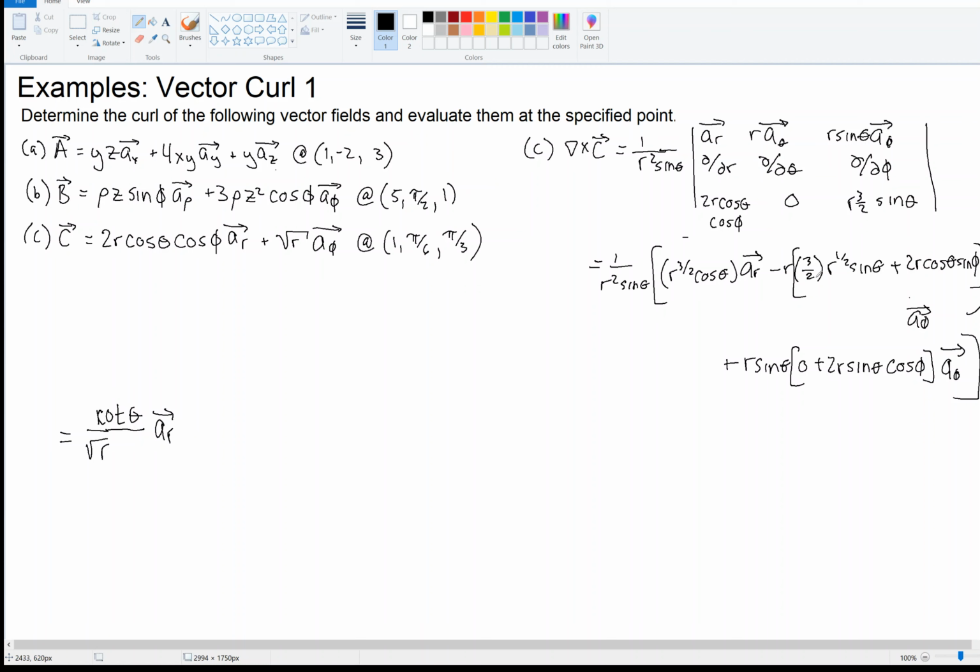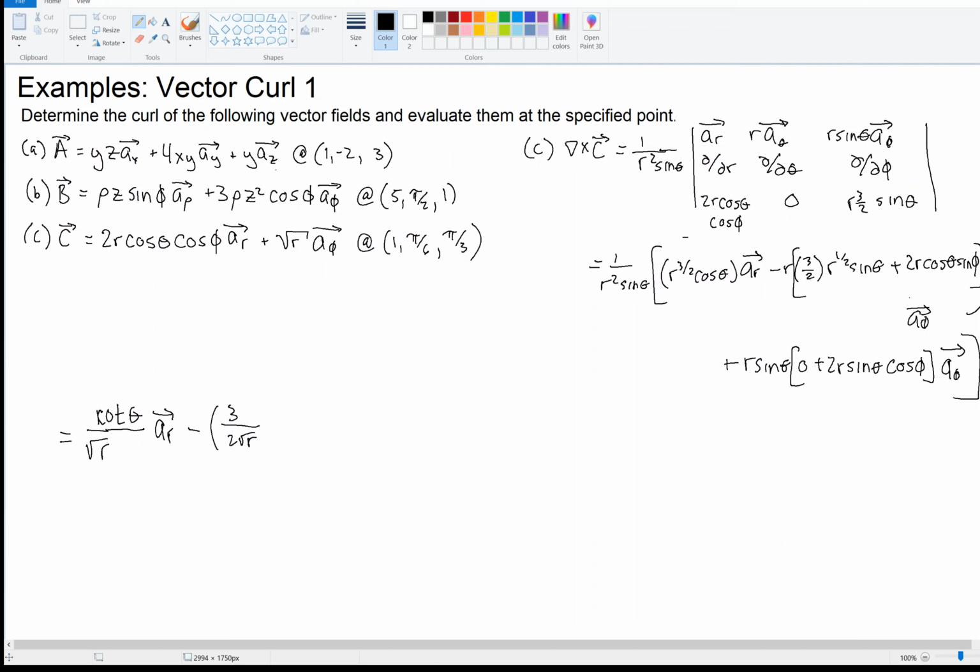Now here I've got 3/2, okay, so minus 3/2. I'll keep the minus out there. When I distribute the r in, I've got r times r to the 1/2, which makes r to the 3/2, but then divided by r squared, which again makes root r. So I've got 3/2 over root r, and then a sine theta and a sine theta, well, that cancels.